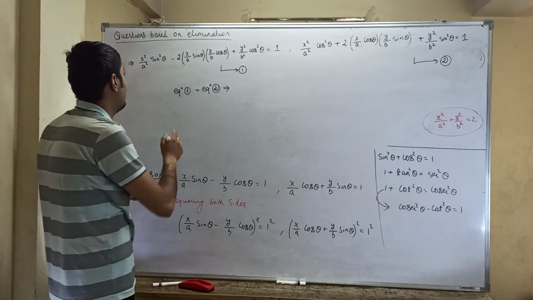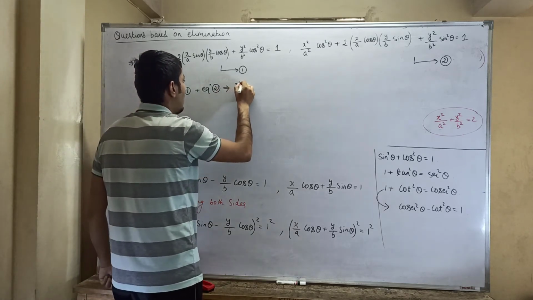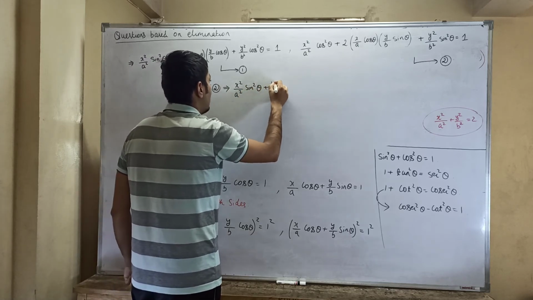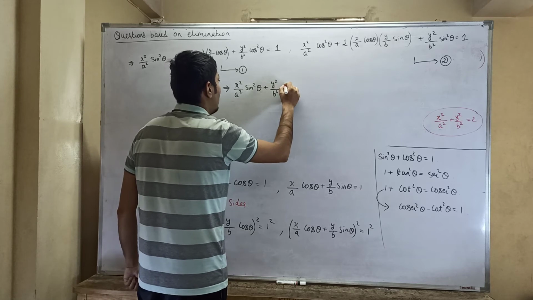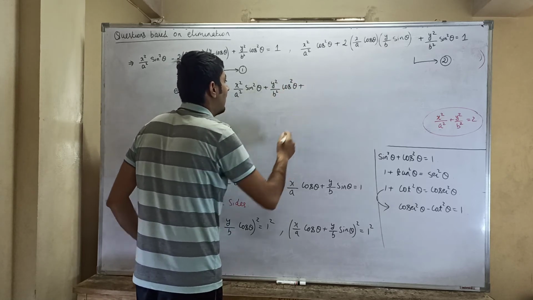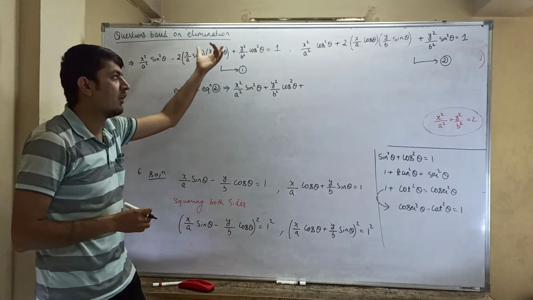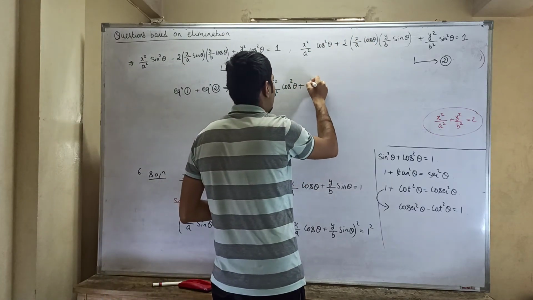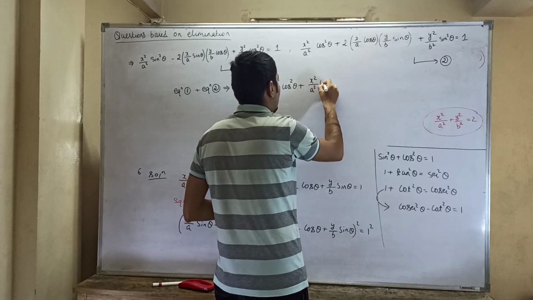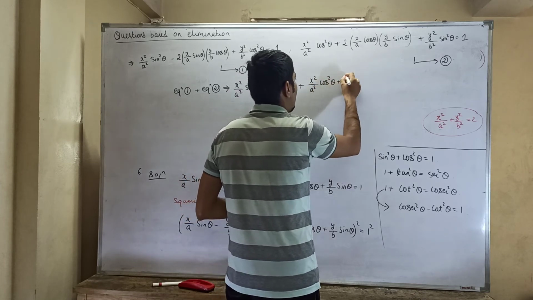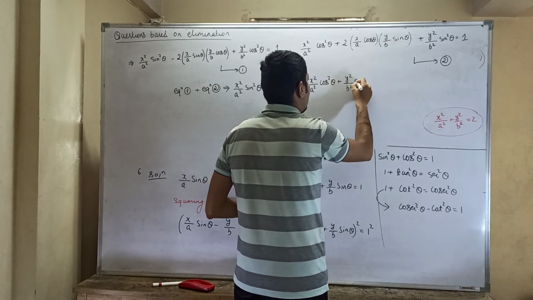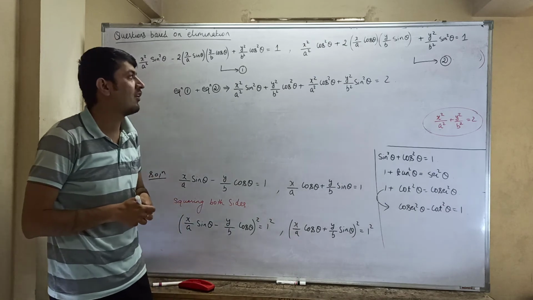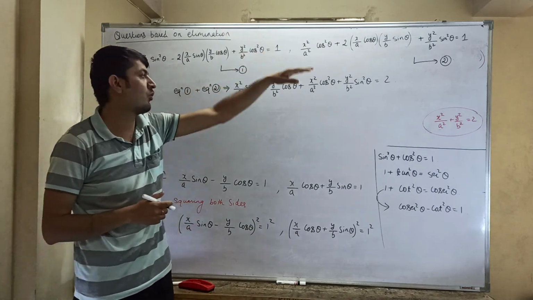So what will be left? You are left with x square by a square sine square theta plus y square by b square cos square theta, because this one and this one will get cancelled, plus x square by a square cos square theta plus y square by b square sine square theta is equal to how much? 2, because your right hand side is 1 and 1, so 1 plus 1 will be 2.